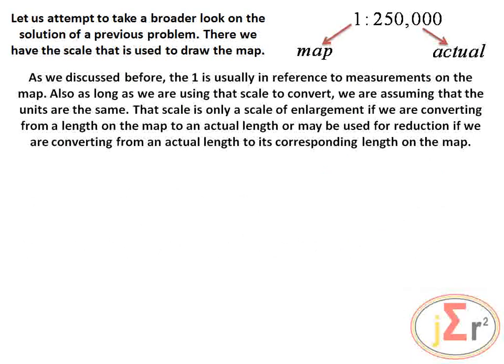As we discussed before, the 1 is usually in reference to the measurements on the map. So 1 is associated with the map. And we are saying that in a graphic way by showing you that 1 is associated with the measurements on the map. Also, as long as we are using that scale to convert, we are assuming that the units are the same.